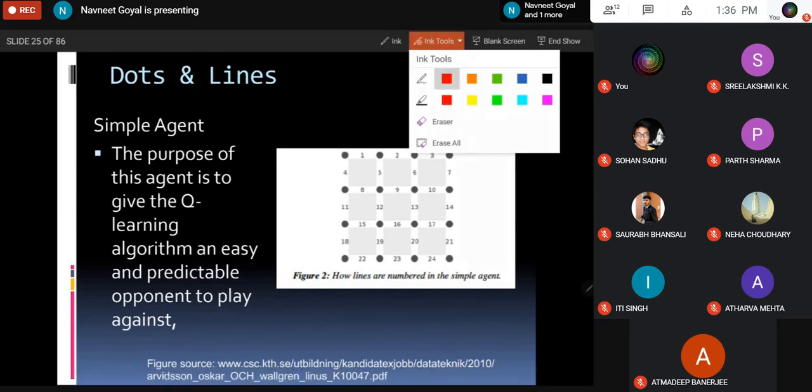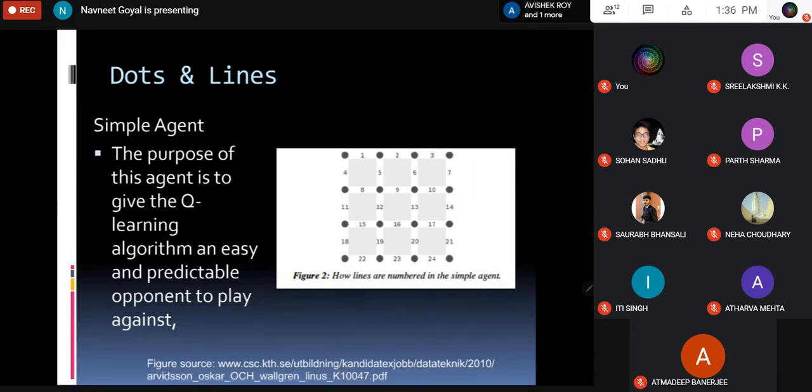It's a very stupid agent, right? It always looks for the line that is minimum numbered. So we pitch the Q agent against the simple agent, and what it does is that it gives the Q-learning algorithm an easy and predictable opponent to play with. Right, so that's the purpose of this.